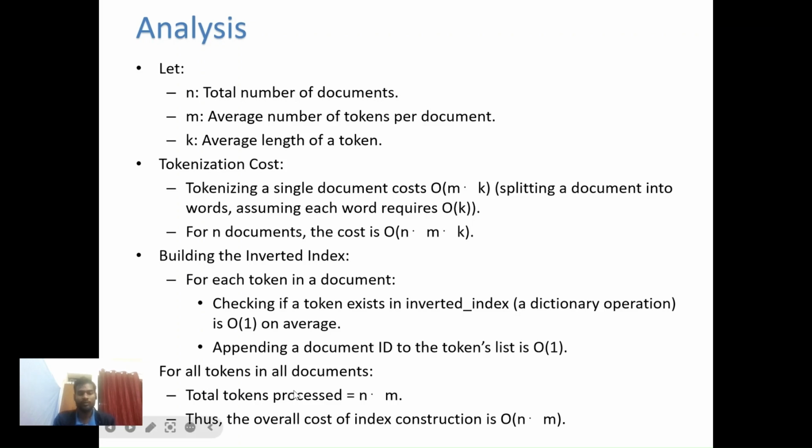So for all the tokens in all documents, the total tokens processed will be n times m, where n is the total number of documents and m is the average tokens per document. Thus the overall cost of index construction is O(n times m). So our overall cost will be the sum of the tokenization cost and building the inverted index, which is O(n times m times k).